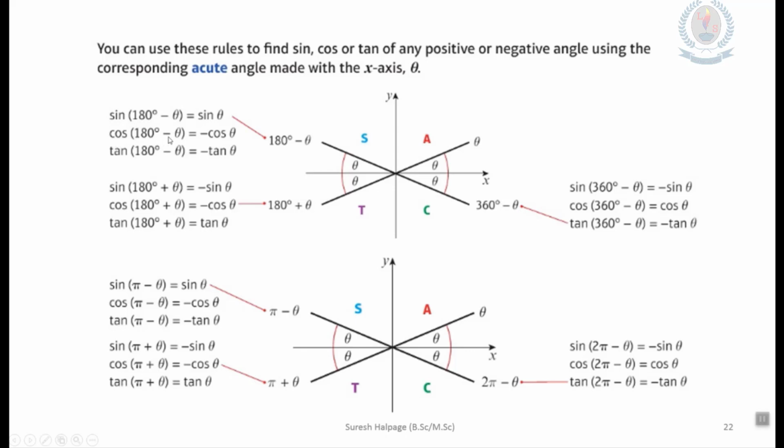Cos 180 minus theta, we can write minus cos theta. So likewise you can find all sine, tan, cos. First quadrant, sine, cos, tan, all positive. If you take the second quadrant, sine is positive. Third quadrant, tan is positive. Fourth quadrant, cos is positive. So if it is radian, you can use this rule.